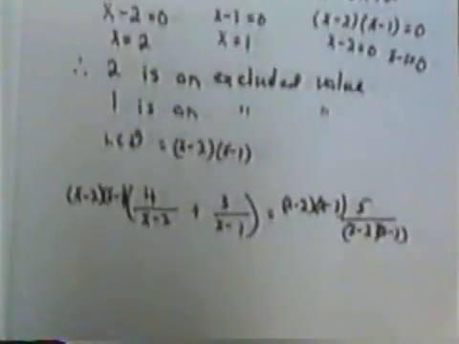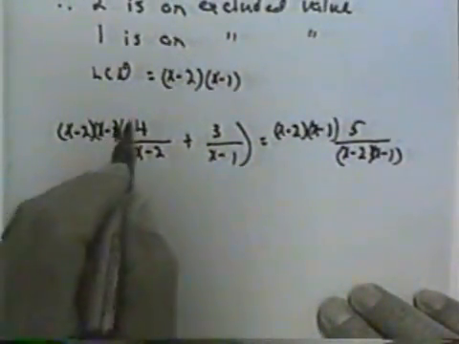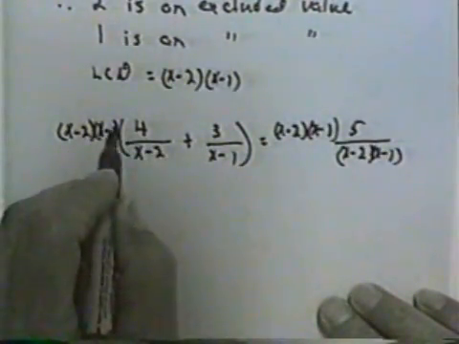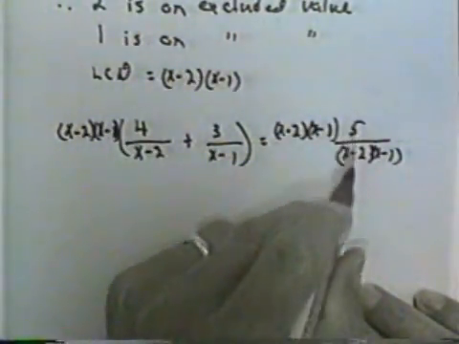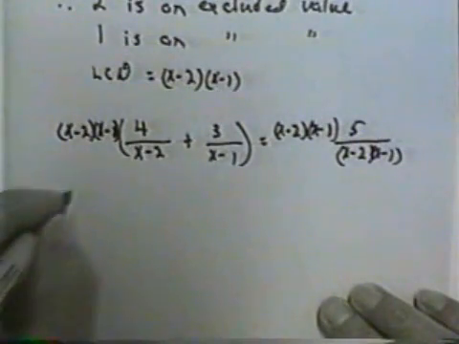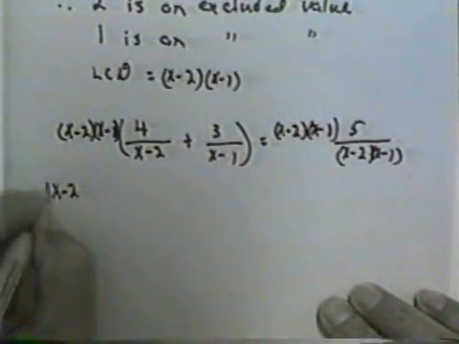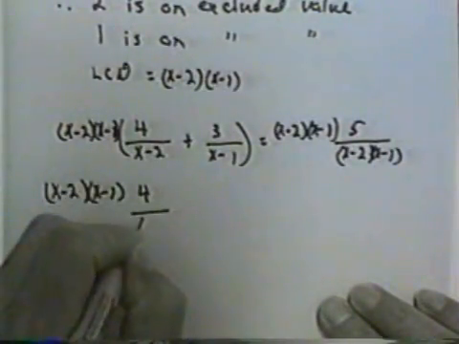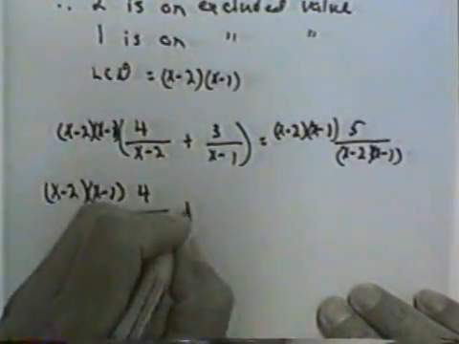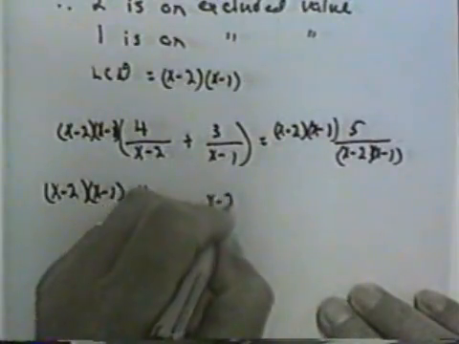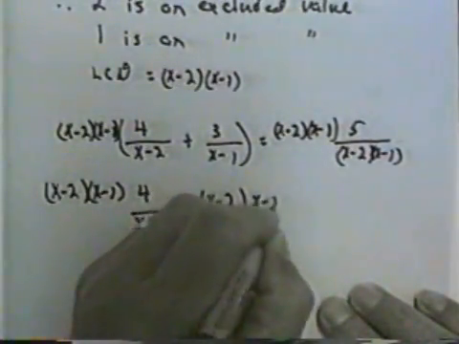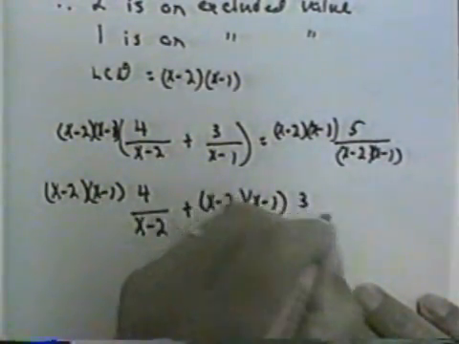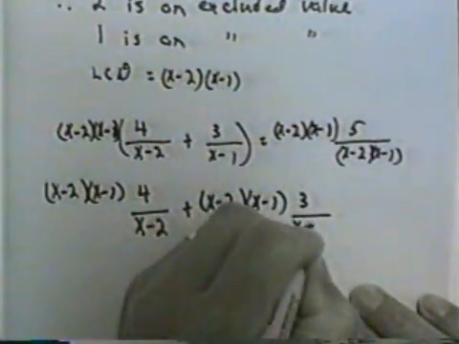Now I need to distribute. So I need to multiply the x minus 2 and x minus 1 by this one, x minus 2, x minus 1 by that one, and I've already got it multiplied over there. So I would have x minus 2 times x minus 1 times 4 over x minus 2 plus x minus 2 times x minus 1 times 3 over x minus 1.